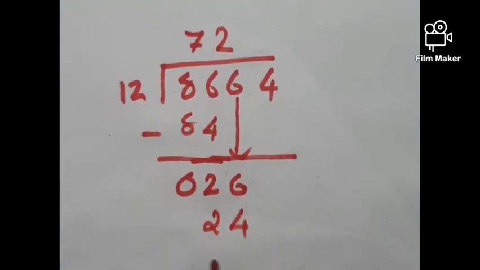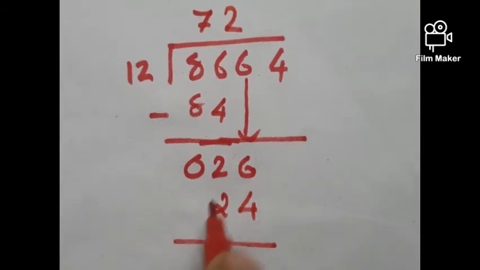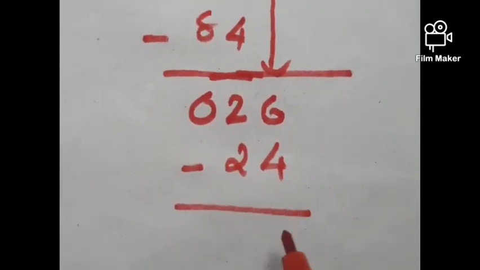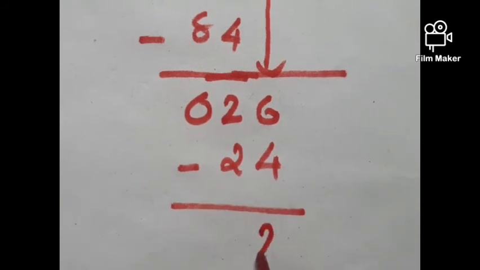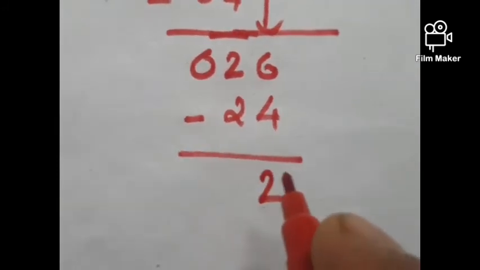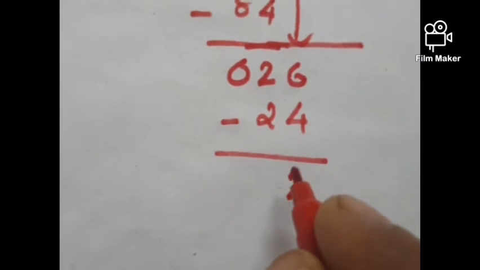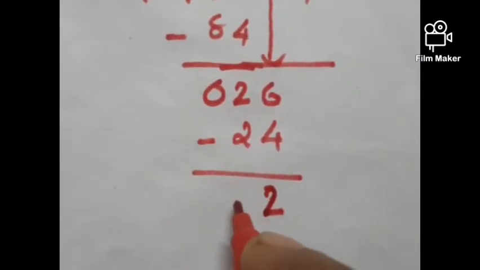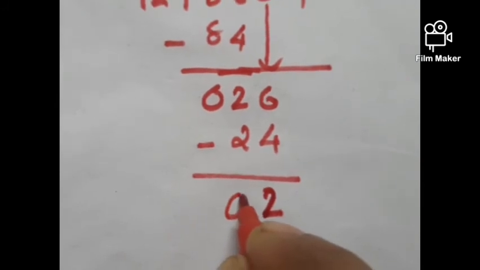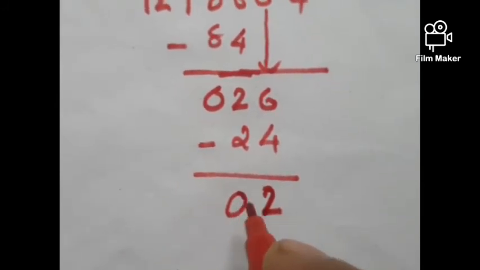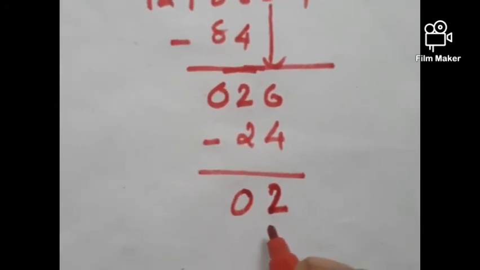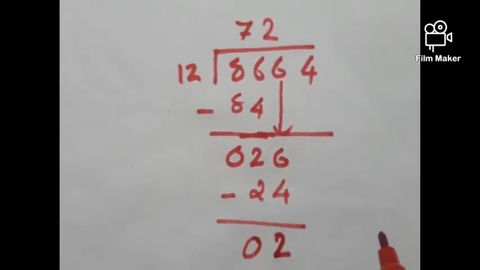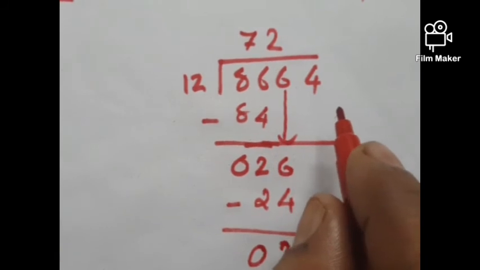Okay, children. Now subtract 24 from 26. Here 6 minus 4 is equal to 2. Then 2 minus 2 equals 0. So we get here 2. Now bring the digit in the ones place down.